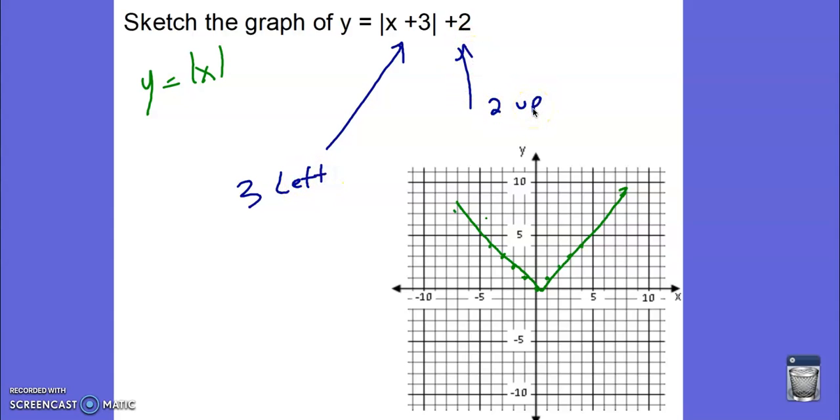So you're literally going to start at that little low point, and go 3 to the left, and then 2 up. So that's the function that you're doing. You're just shifting it horizontally and vertically.